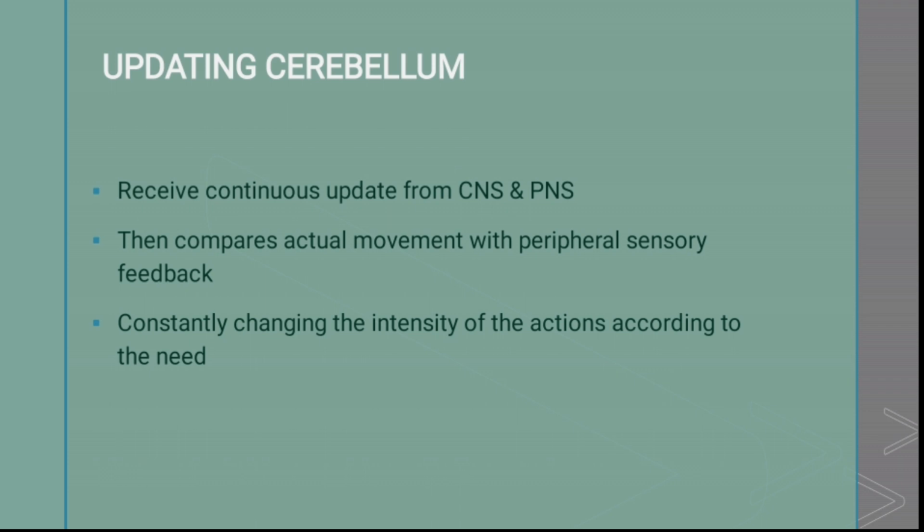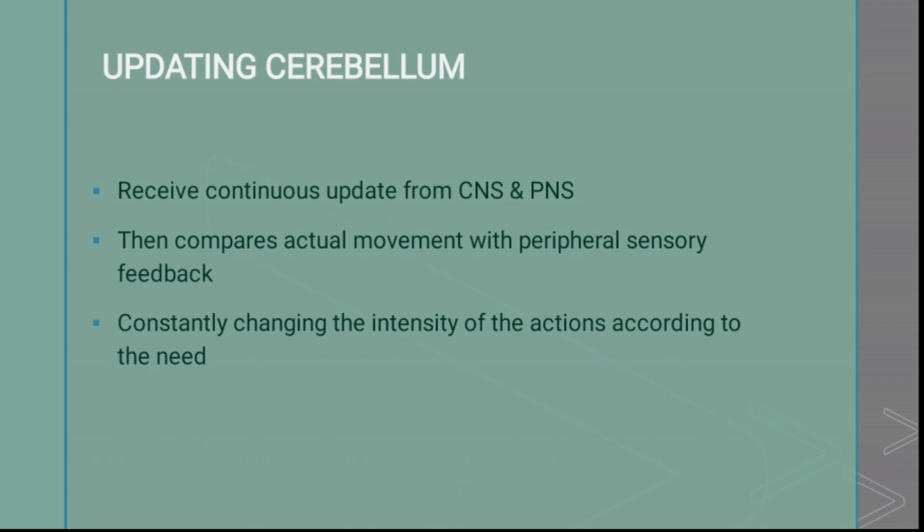The cerebellum is continuously updating. It's just like mobile phones being launched recently; they are updated every day. Just like that, the cerebellum is updating in each and every moment. It receives a continuous update from the central nervous system, the peripheral nervous system, and other body parts. Then it compares the actual movement with peripheral sensory feedback. It compares whether this kind of movement is enough to perform such tasks. If the performance is a little bit high, it reduces it.